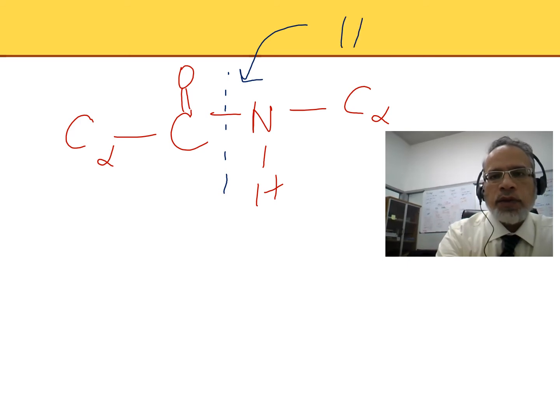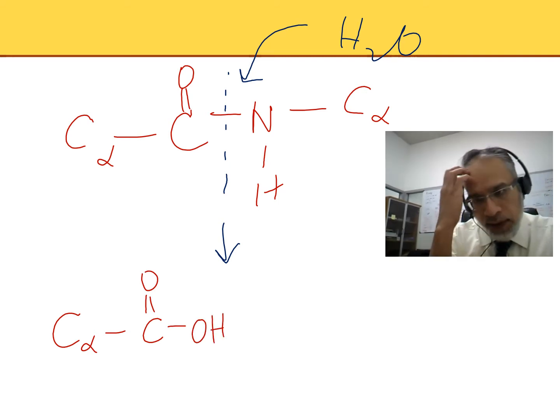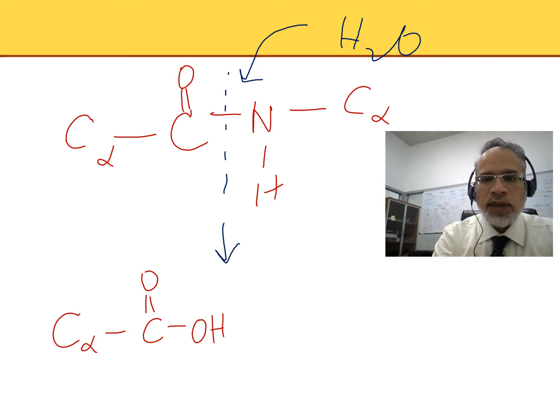It's going to add water to it, and at the end what you should get is 2 amino acids. So you have C alpha, C double bond O, and OH. I'm not showing the ionized forms just for the sake of simplicity. And what you should get is NH and C alpha again.